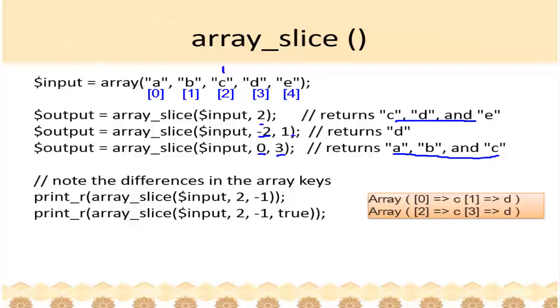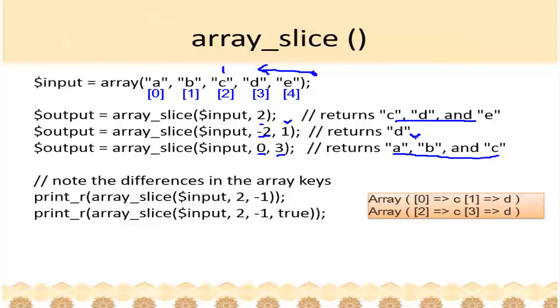So -2 means from the end come back 2 steps and then take 1 element. So it's going to return this.